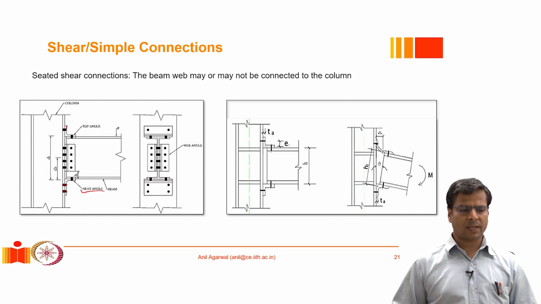But typically this angle is not welded to the flange because of the consideration of lowering the beam in place. Once we want to lower the beam in place, we don't want this angle to be there to prevent its movement. Another variation of this connection would be where we don't provide any web angle, and that also works equally well.